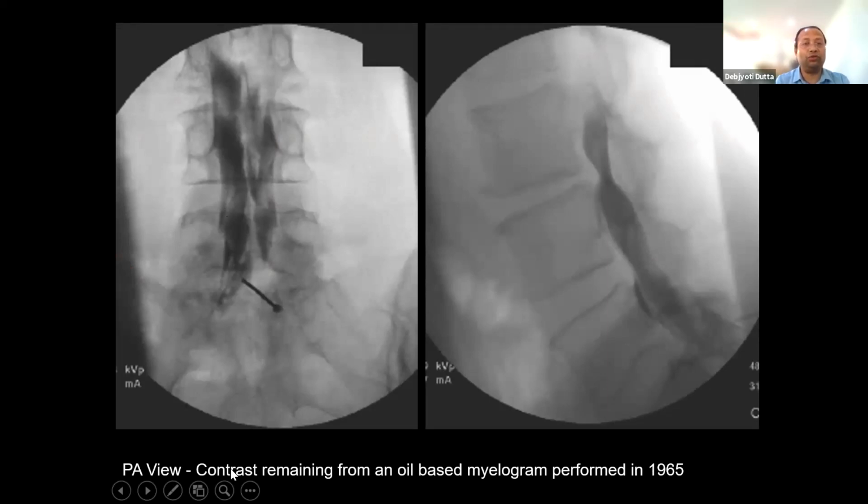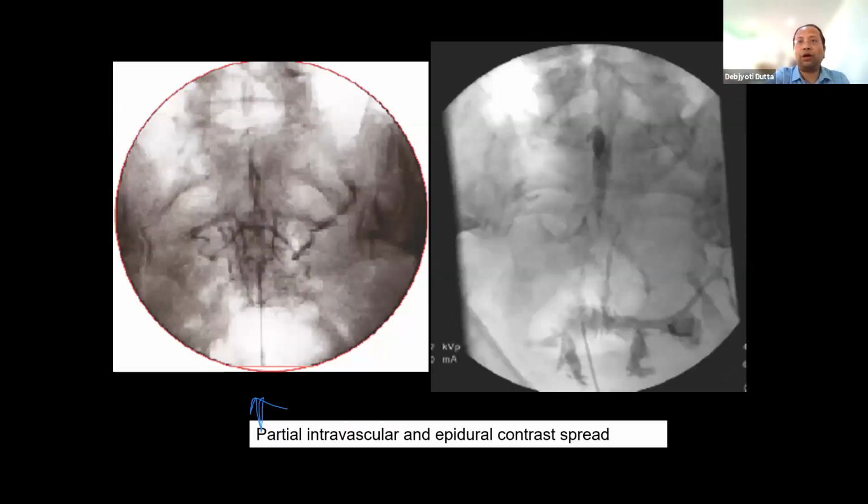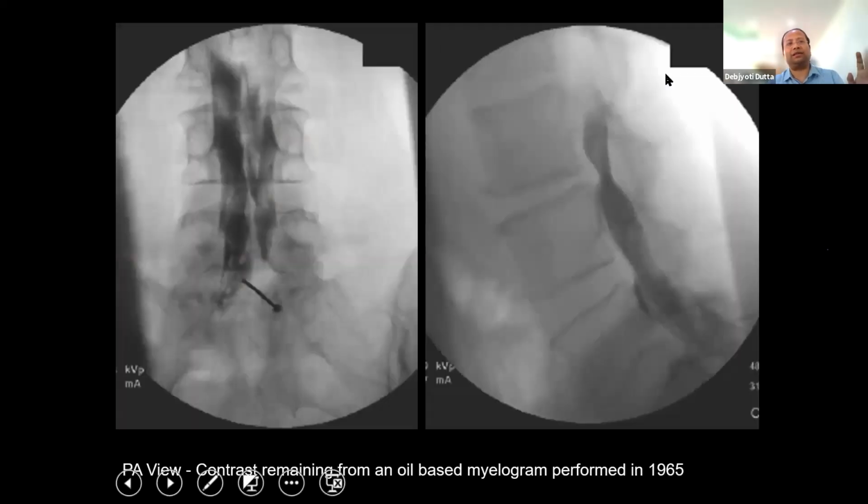If your needle comes too much inside, you can be there up to the S2 foramen, but if somehow your needle goes above, or you are in the right place but the patient has some anatomical differences, which can be there in many patients, such as the dural sac being much lower and you have punctured it, then you will get this type of drug distribution. This is in the subarachnoid space.